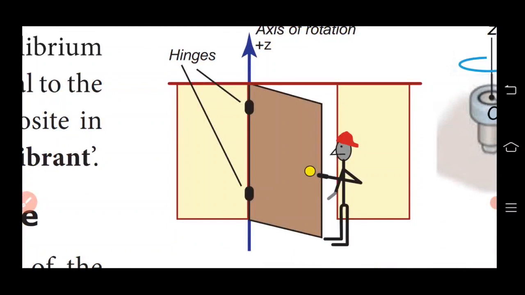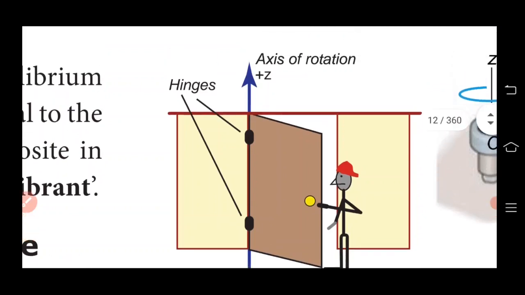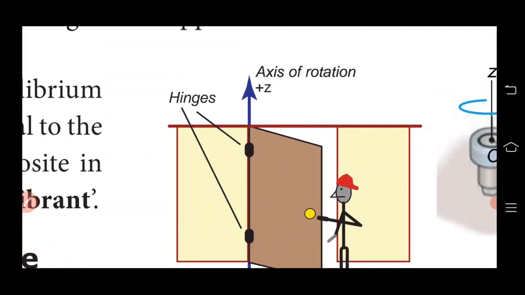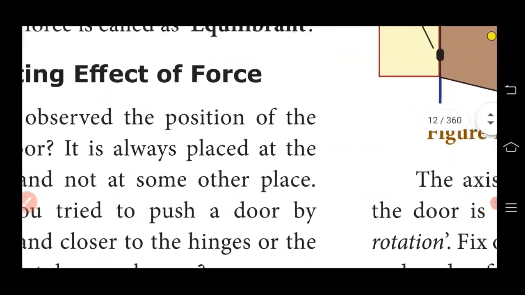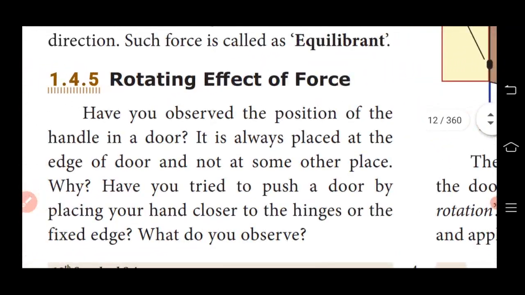The handle is fixed at the edge of the door, and the two black dots are hinges, and the blue arrow mark is the axis of rotation, which is in the x direction. What is the reason why?